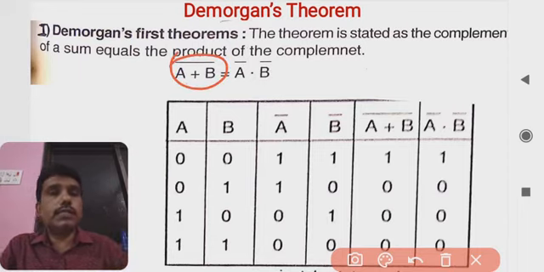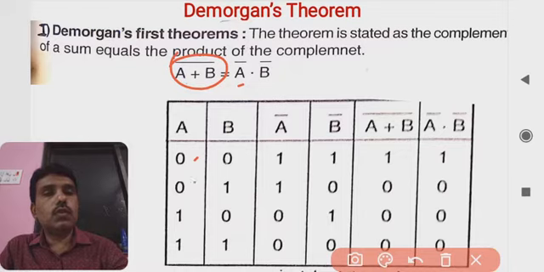So for getting the right hand side, first we need A complement and B complement, because the product is to be taken for the right hand side. And that's why first I have to go for this A complement. A has the values 0 0 1 1. So complement of 0 is 1, of 0 again 1.